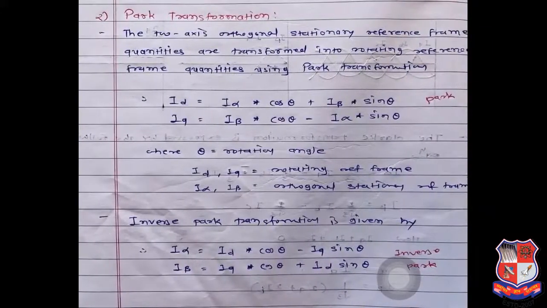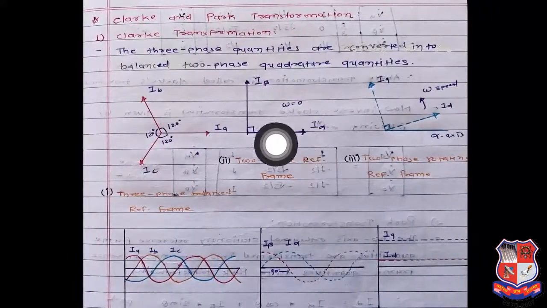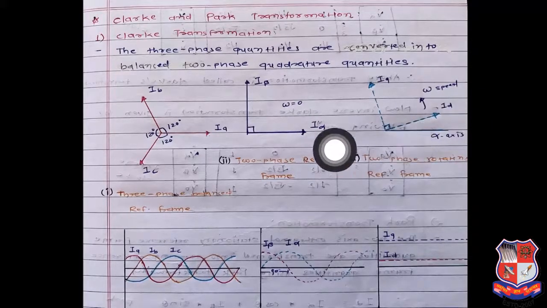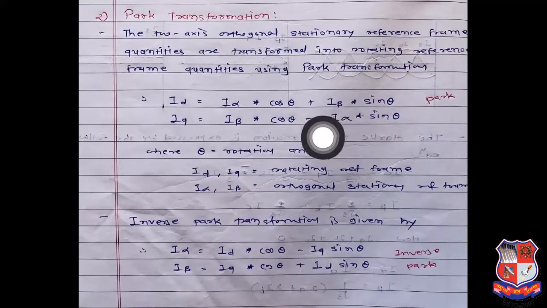So now the Park transformation: the two-axis orthogonal stationary reference frame quantities are transformed into rotating reference frame quantities using Park transformation. So the two-phase orthogonal stationary reference frame transformed into the two-phase orthogonal rotating reference frame is called Park transformation, and its inverse is called inverse Park transformation.